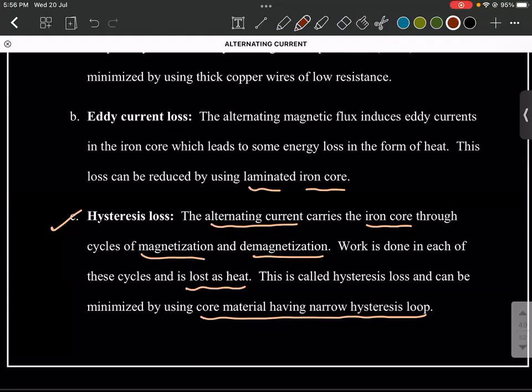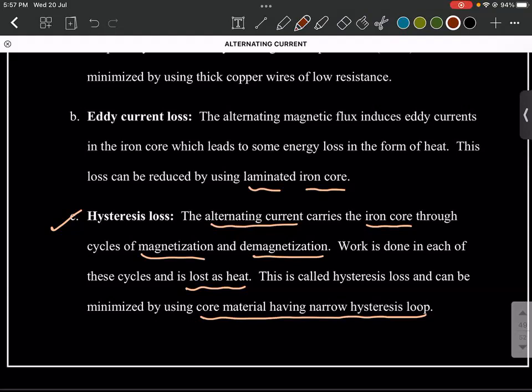And don't forget, iron is a ferromagnetic substance, due to which there is a continuous process of magnetization and demagnetization taking place. And during this process, work is done in each cycle. You're doing some work in the process of magnetization and demagnetization, and that work is obviously going to get converted into some amount of heat. Is it clear? But how are you going to prevent it?